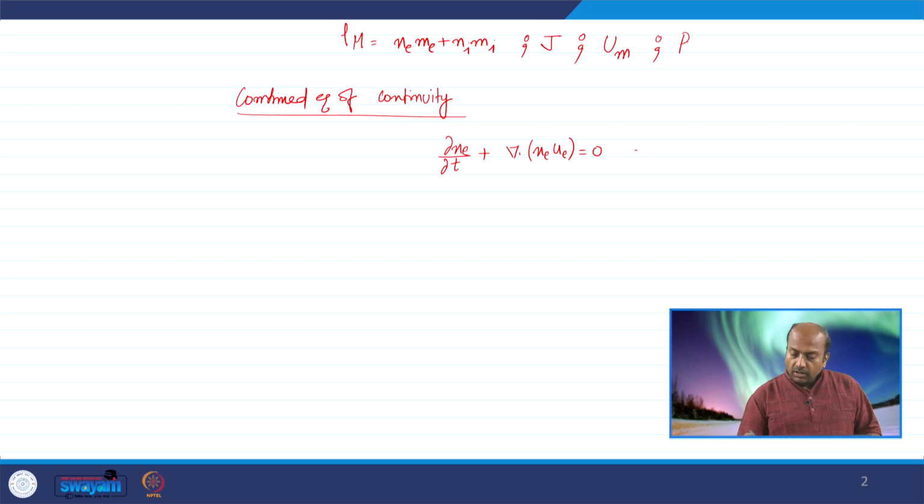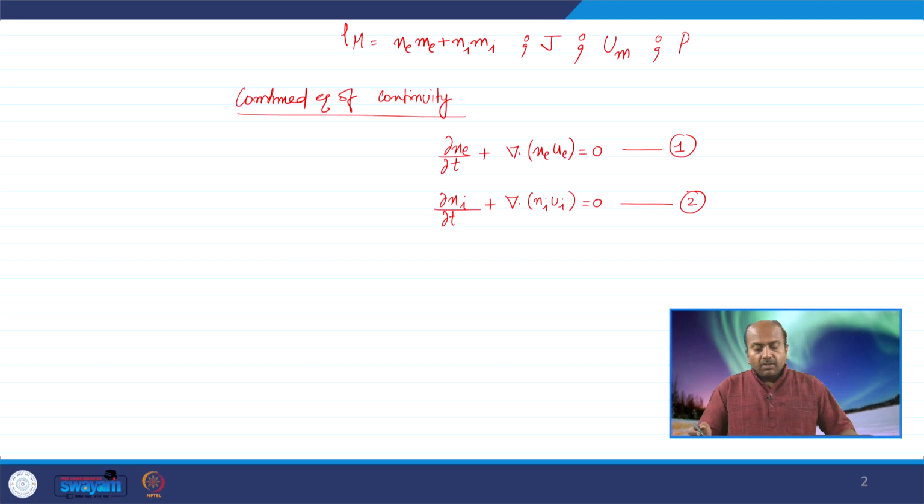This is for electrons, and we can also write a similar expression for the ions, which is dou Ni by dou t plus del dot Ni ui is equals to 0. Let us call this equation number 2.